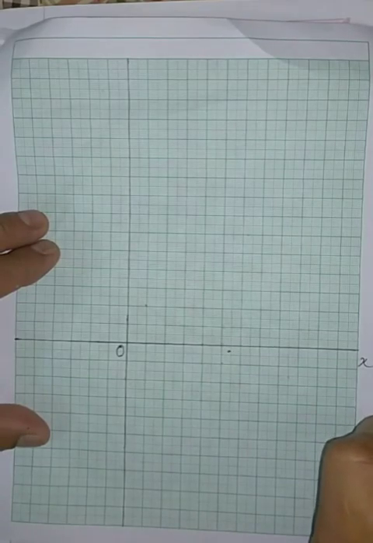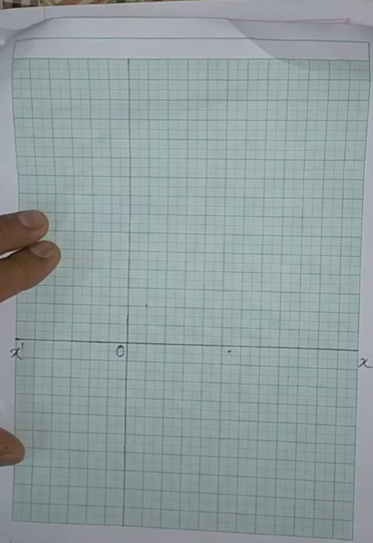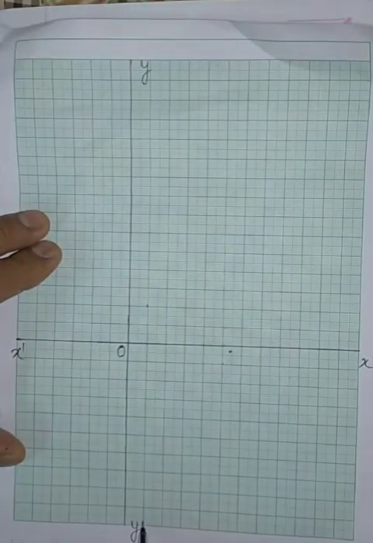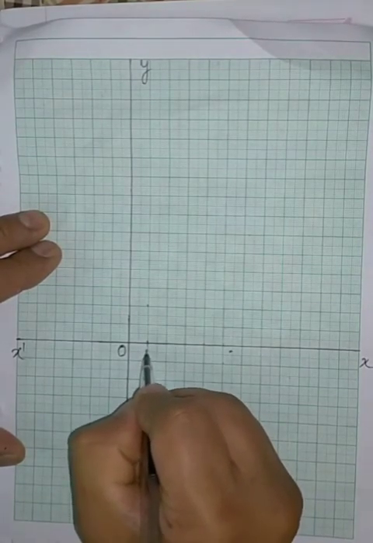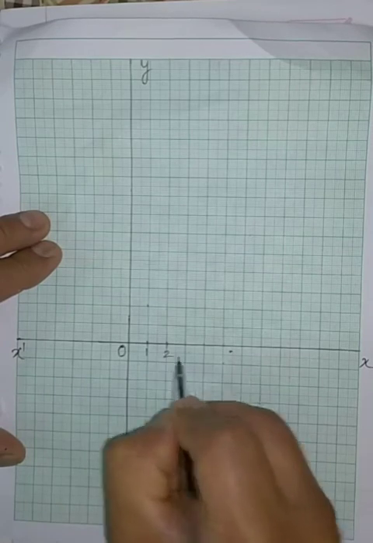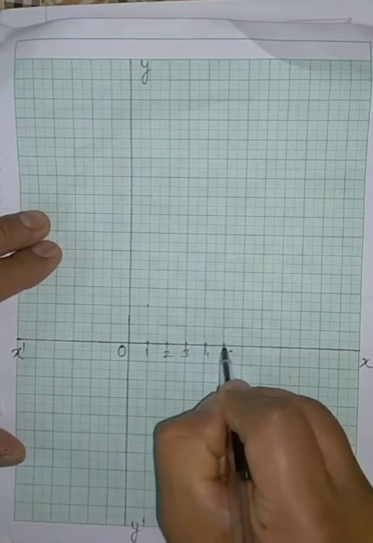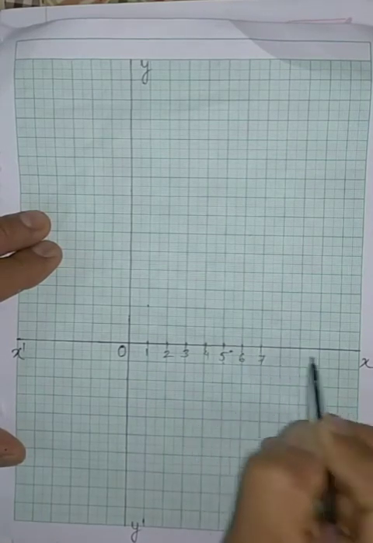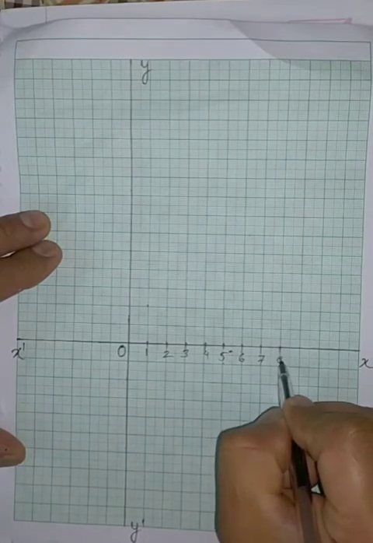This is our x positive side, x dash negative side, y which is positive side, and y dash which is negative. Let's write the milestone numbers by taking one block is equal to 1 unit and taking 1 or 2 values extra.